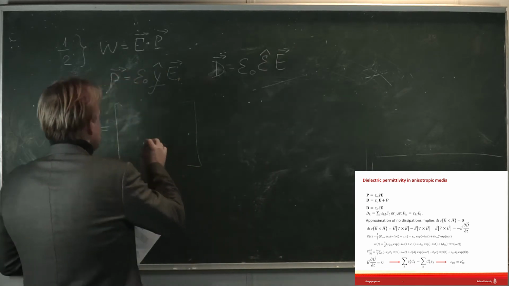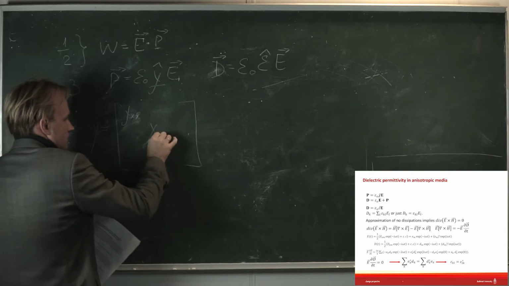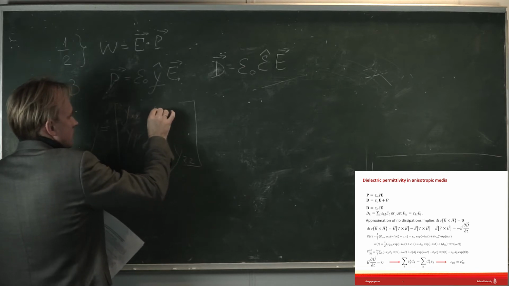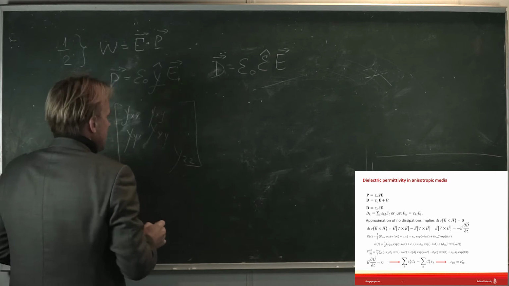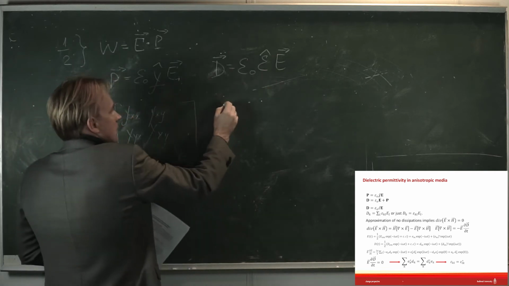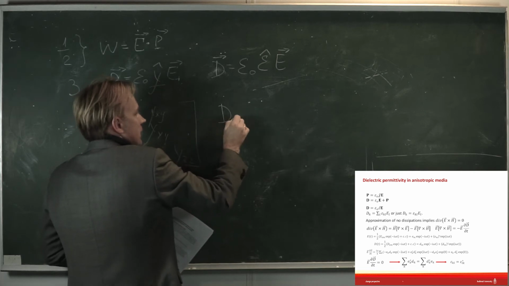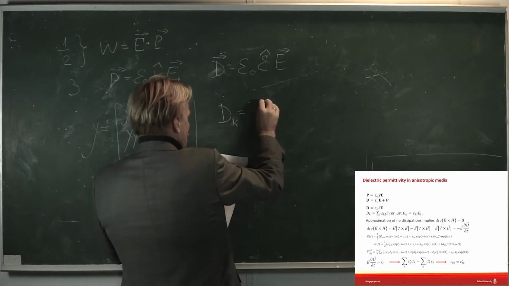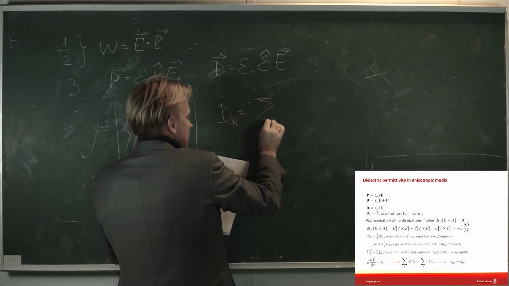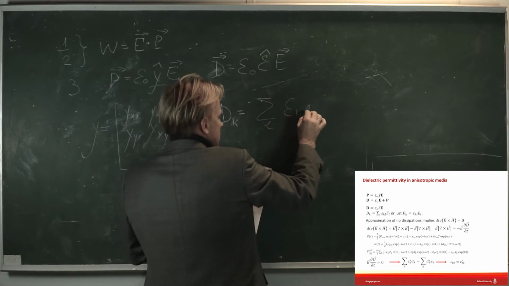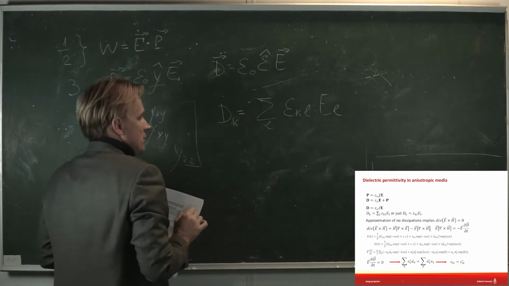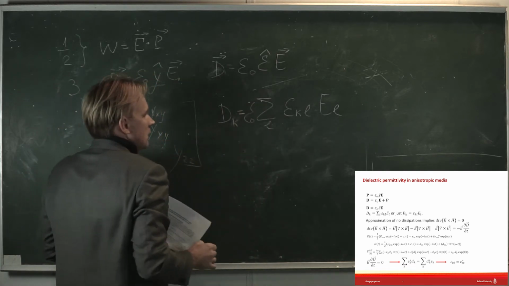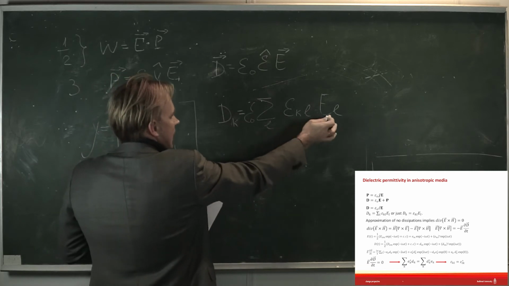And if you want to express this product differently, then you can write also, let's put it k, for each component of the vector of electric displacement, you can write this expression, which will be the law according to which we calculate the components of vector D if we know the matrix epsilon and the components of vector E.